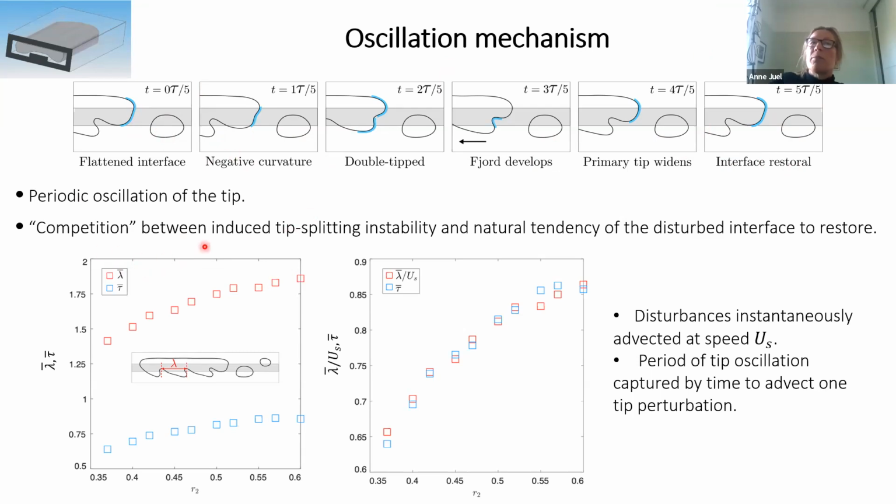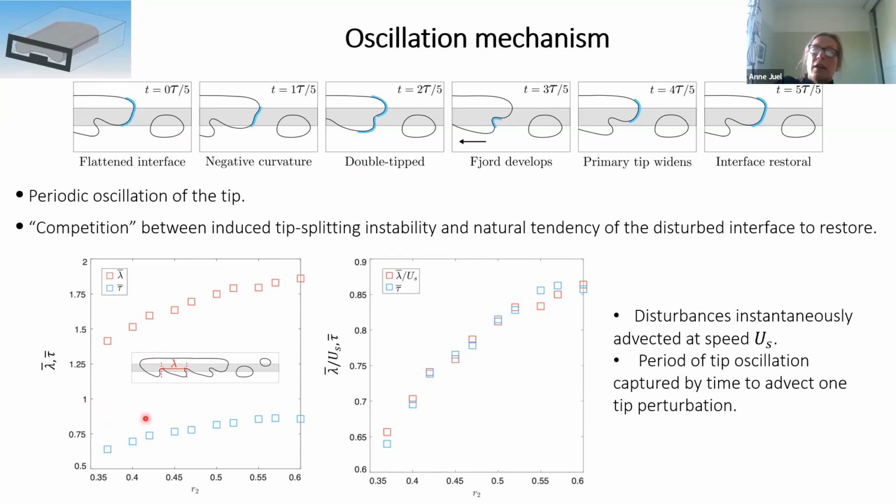And so you have a competition between the induced tip-splitting instability and the natural tendency for the disturbed interface to restore as the finger, or the bubble, advances. And you can actually show this very clearly in this sort of system.